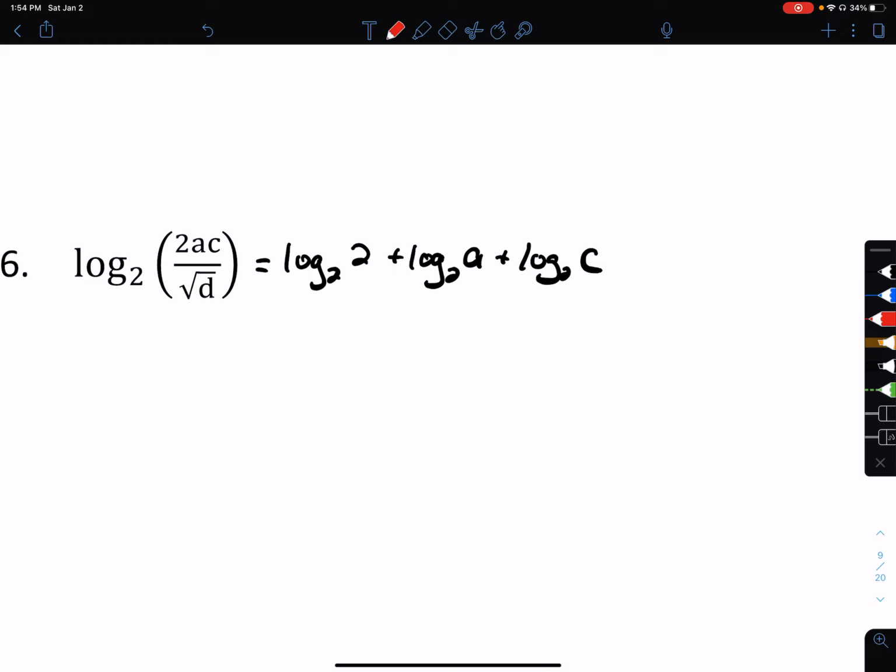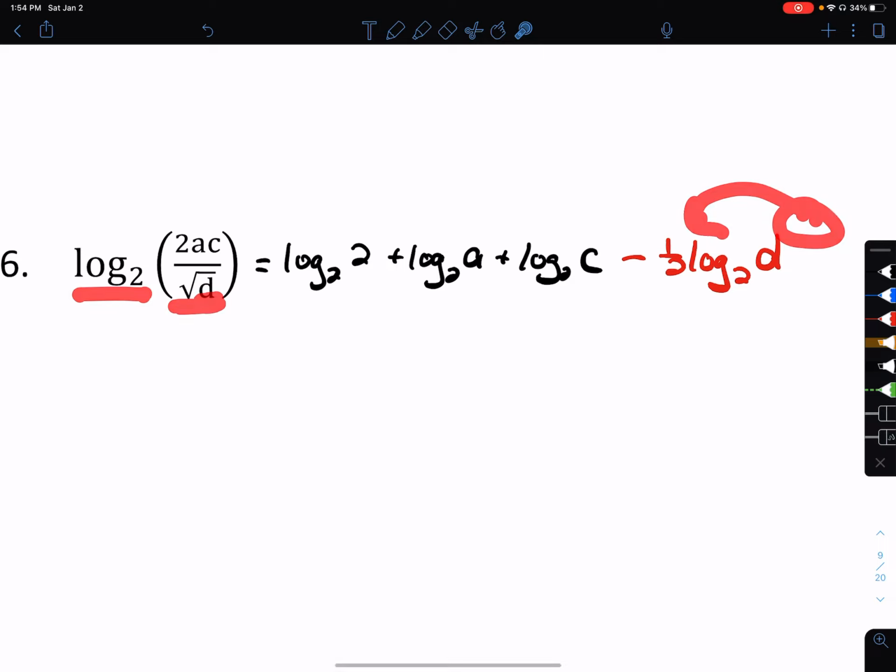Then we could subtract from this 1/2 log base 2 of d, because we would be subtracting log base 2 of d to the 1/2, or the square root, and you can take the exponent and write it as a coefficient whenever you want. And right now we want.